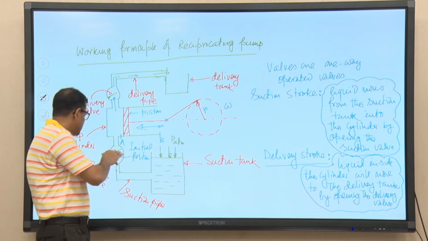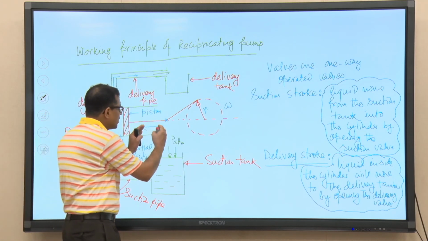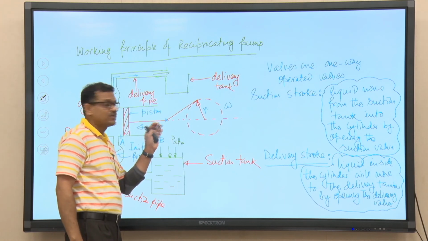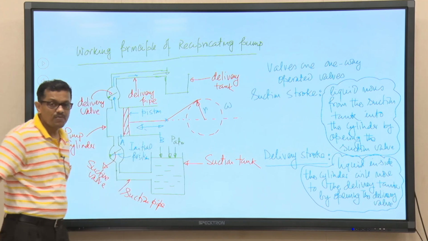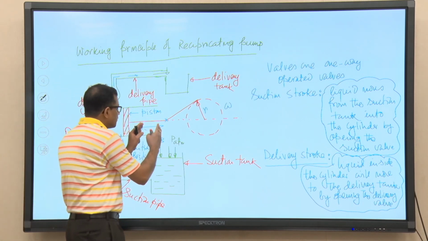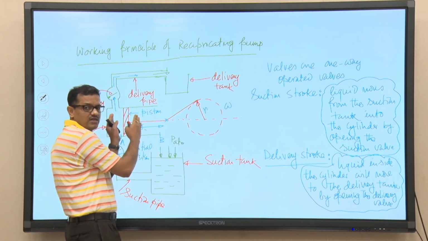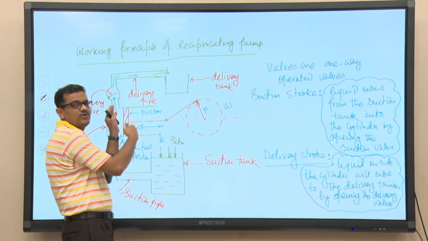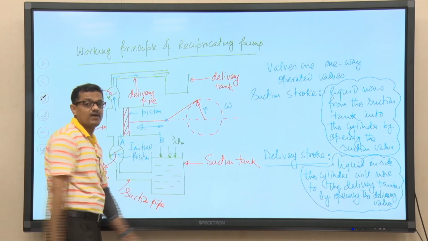In the delivery stroke, the suction valve will be closed and the piston will now start moving towards point A. Momentarily, because we are talking about mechanical components, the piston immediately will try to create a thrust on the liquid volume that is already in the cylinder, and momentarily the liquid volume remains almost constant, because it will take some finite time to open the delivery valve.